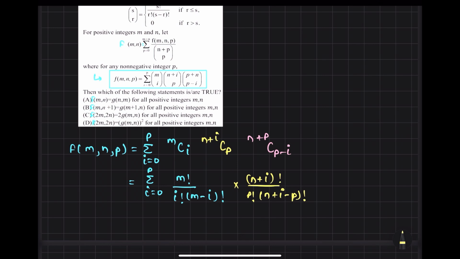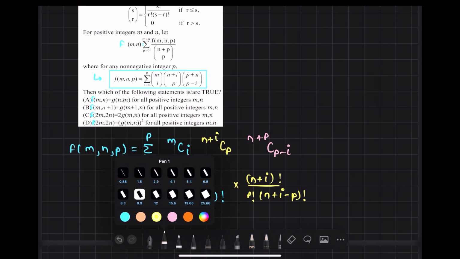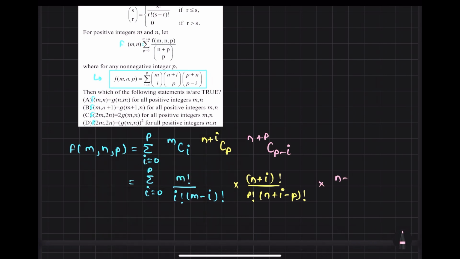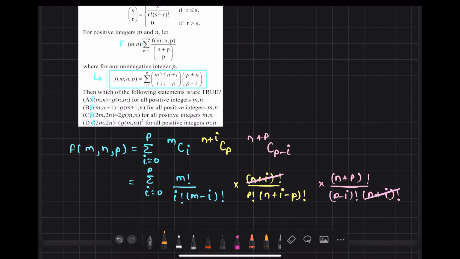Okay, and then we have (n plus p) factorial by (p minus i) factorial, and then (n plus p minus p) factorial. So the plus p minus p will vanish, and minus of i will become plus of i. Correct? Now look at this, what I am thinking. We have (n plus i) factorial, (n plus i) factorial vanish. Now you cannot cancel anything more. Correct? So look at this, how we will proceed.